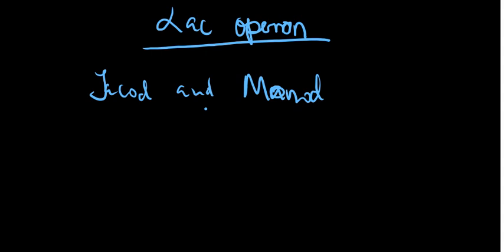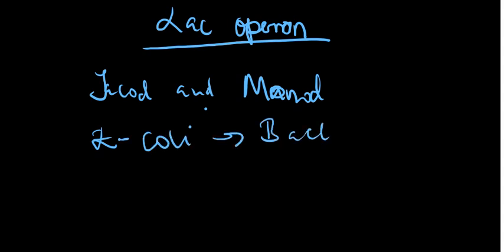A Lac Operon is a system in which enzymes involved in lactose metabolism are expressed by the E. coli. E. coli is a bacteria. They found it easier to discover what happens during gene expression by using bacteria. I want us to note the key things that happen during the Lac Operon.